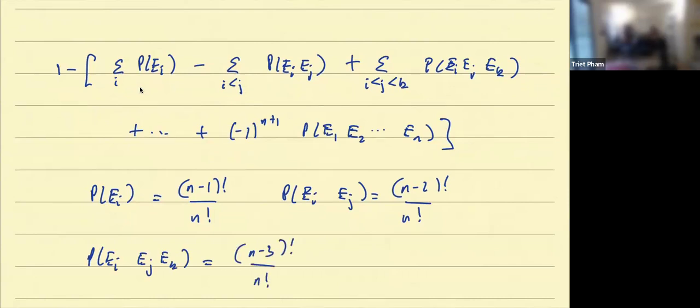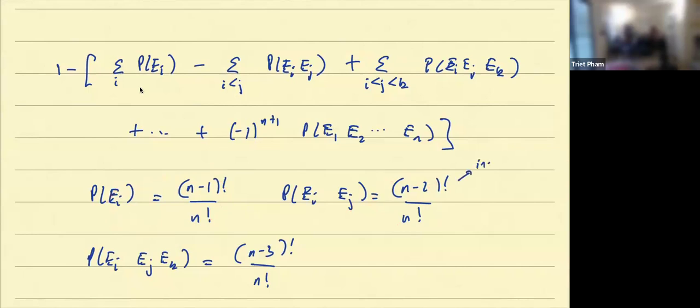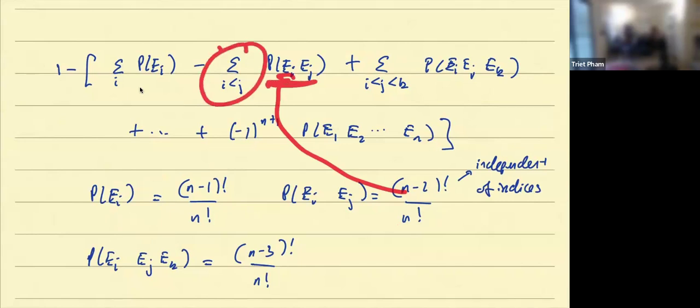Now one thing to note in this calculation is that all of these probabilities are independent of i and j, or independent of the index. What that means is when you plug this into the sum, they are the same for all terms.